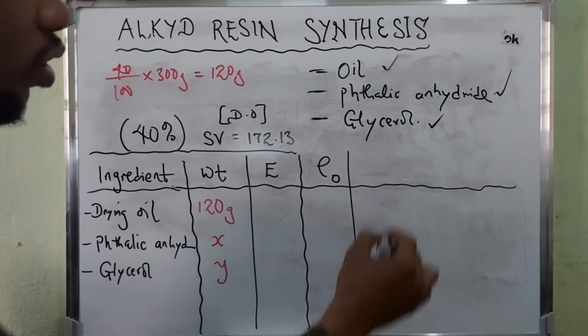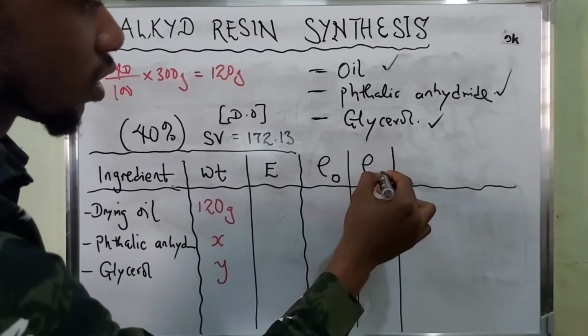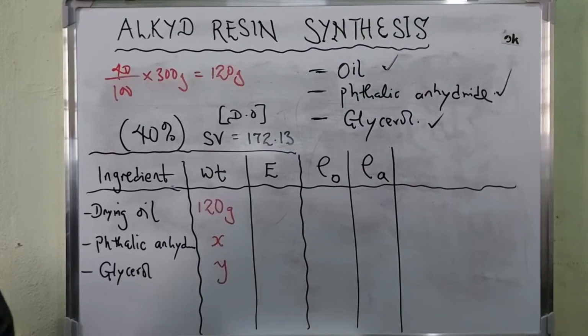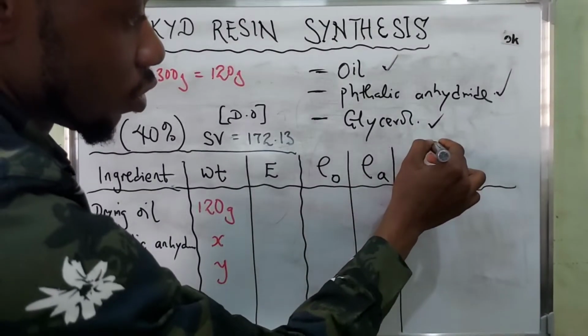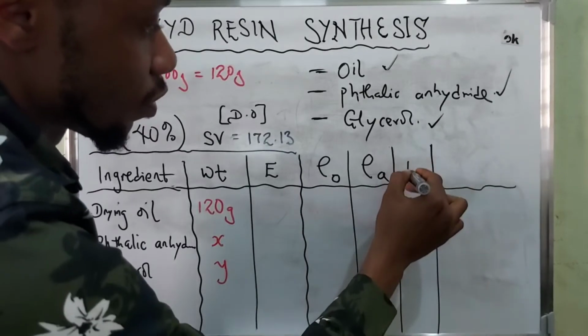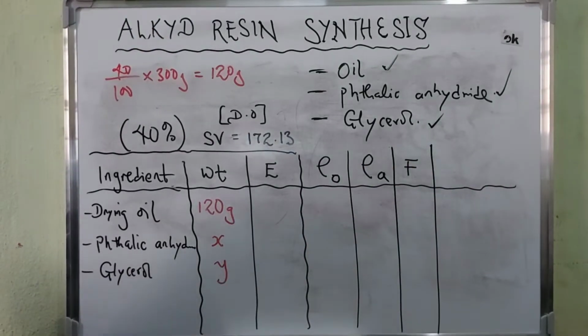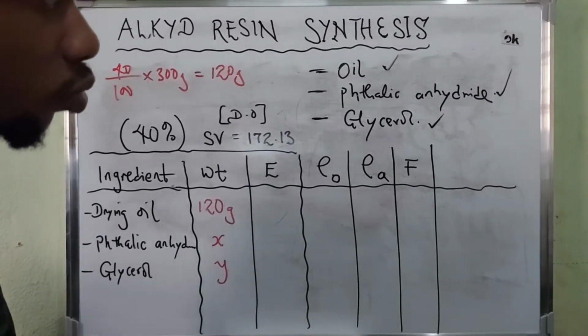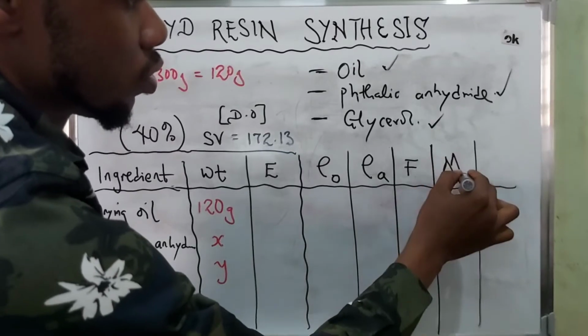Then we have what is called equivalent acid. So these are what we should determine. And finally, we have the functional group number, let me call it F. Then we also have the number of moles. We call that N, let me call that N0.